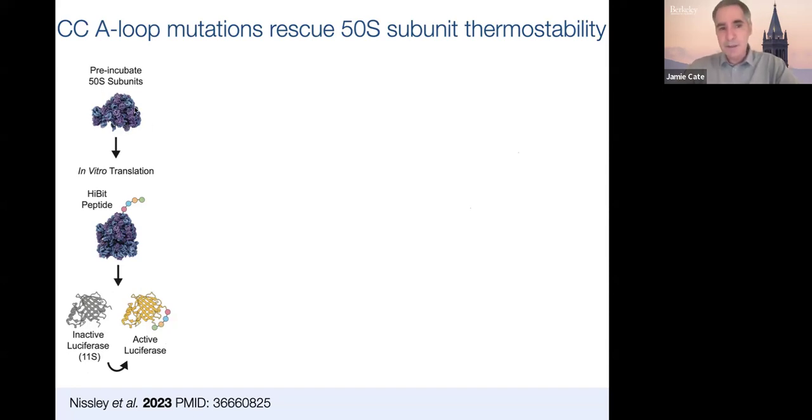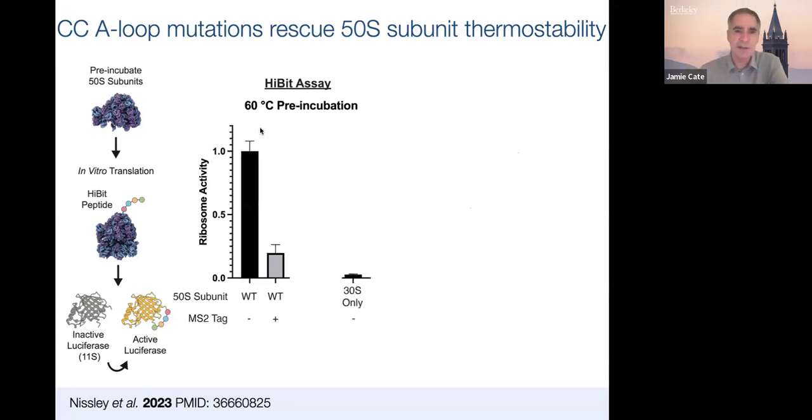Because they're purified, we can heat them up, cool them back down, and then test them in this in vitro, or test tube, translation reaction that has everything else needed for translation. What we see with wild type, if we take the purified 50S, heat it first to 60 degrees, and cool it back down to 37, or these may even be done at 30 degrees Celsius, you lose a lot of activity.